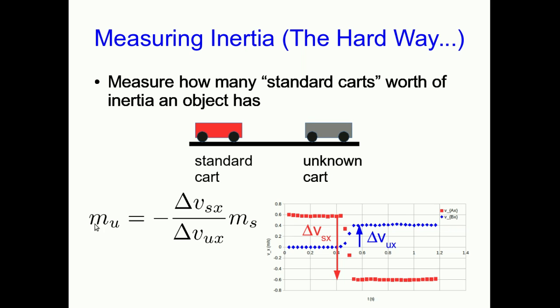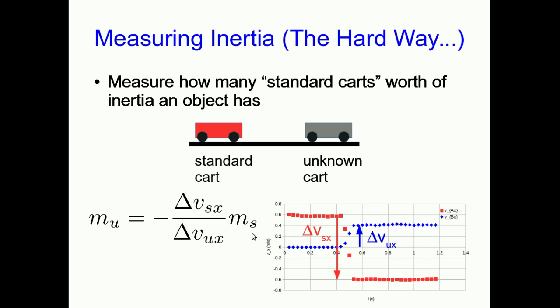Just solve that for the inertia of the unknown cart, and you now have that it is some multiple of our standard cart inertia. All you have to do is replace your standard cart with a new standardized cart, which is 1 kilogram.